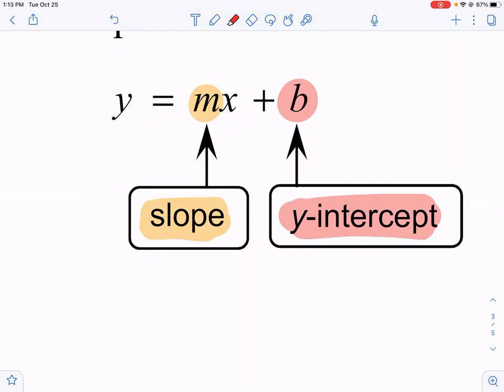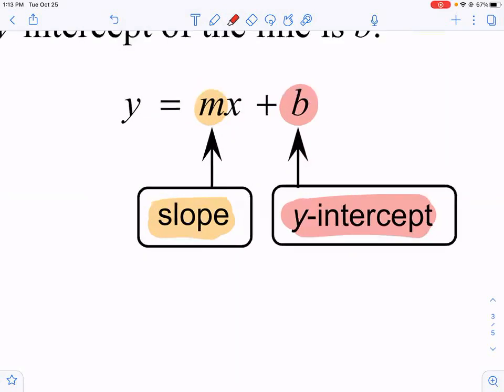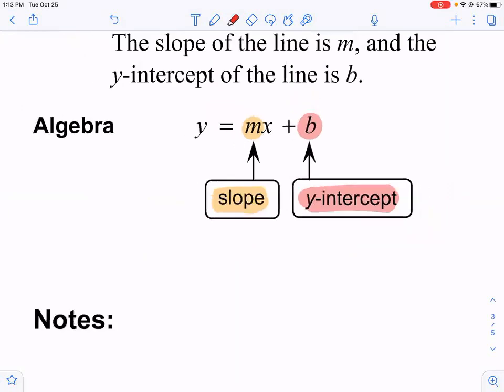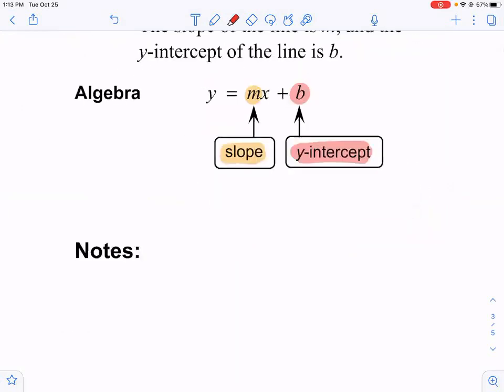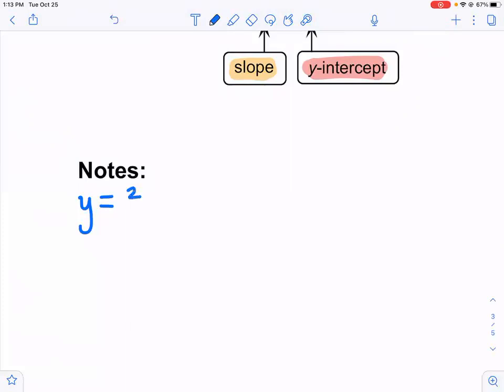So I am going to write the equation of a line here. Y equals 2/3 X plus 1. I want you and your elbow partner to decide what is M, what is B.